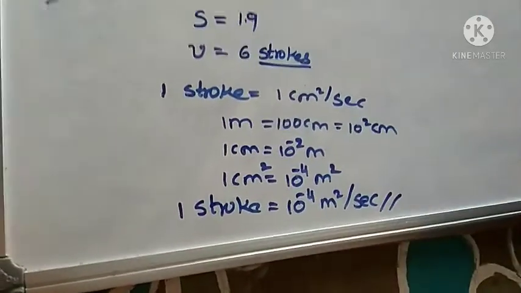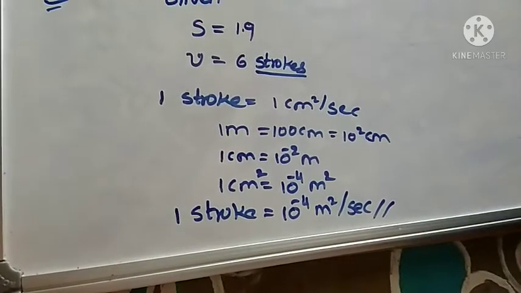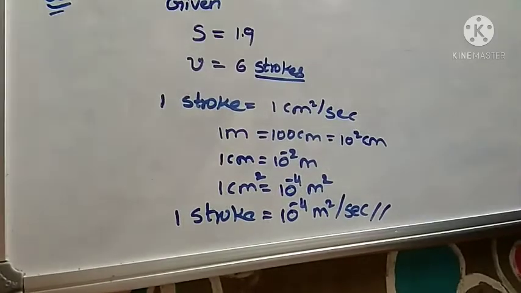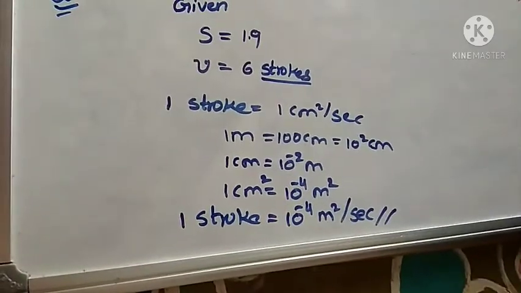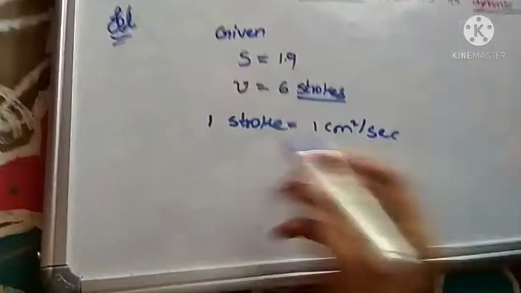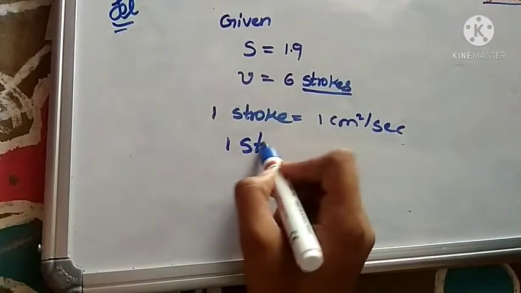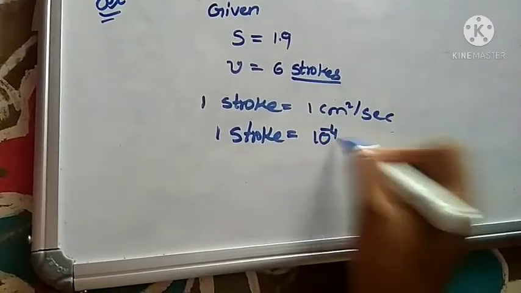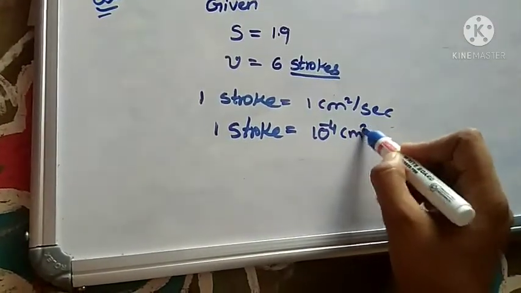This is the unit conversion of 1 stokes to meter square per second. So 1 stokes is equal to 10 to the power of minus 4 meter square per second. Is that clear?